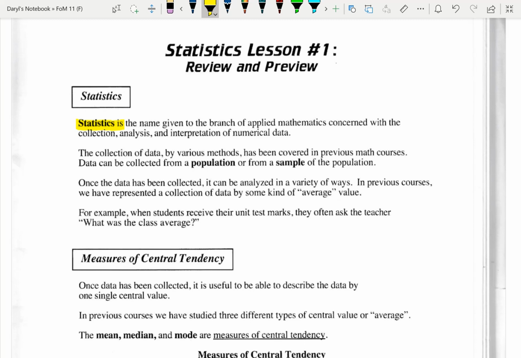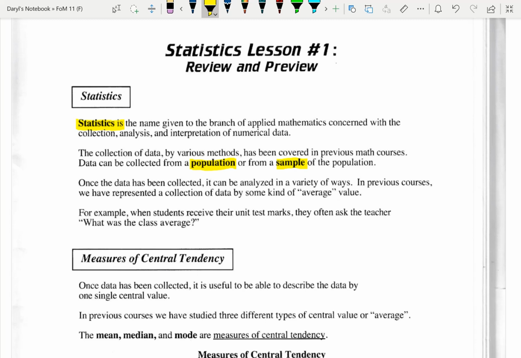The collection of data by various methods has been covered in your previous math courses. Data can be collected from a population or from a sample of a population.